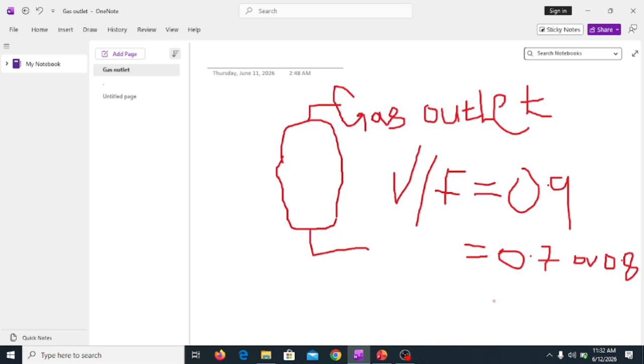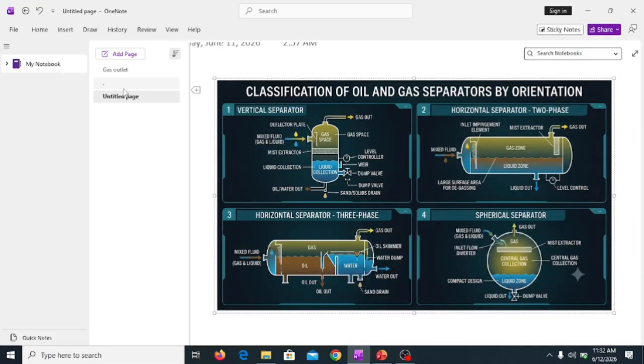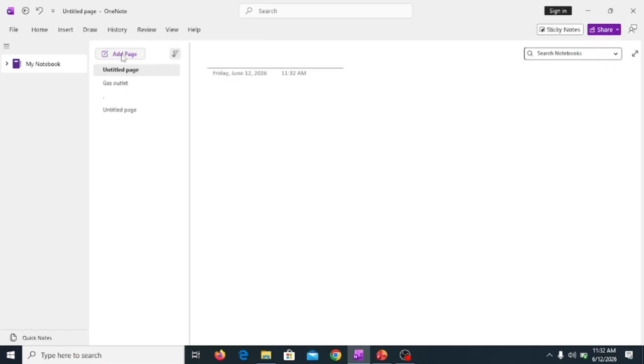Also, one thing that we should understand, so let's create a new page, is re-entrainment. A vertical separator prevents re-entrainment from happening in the separation process.